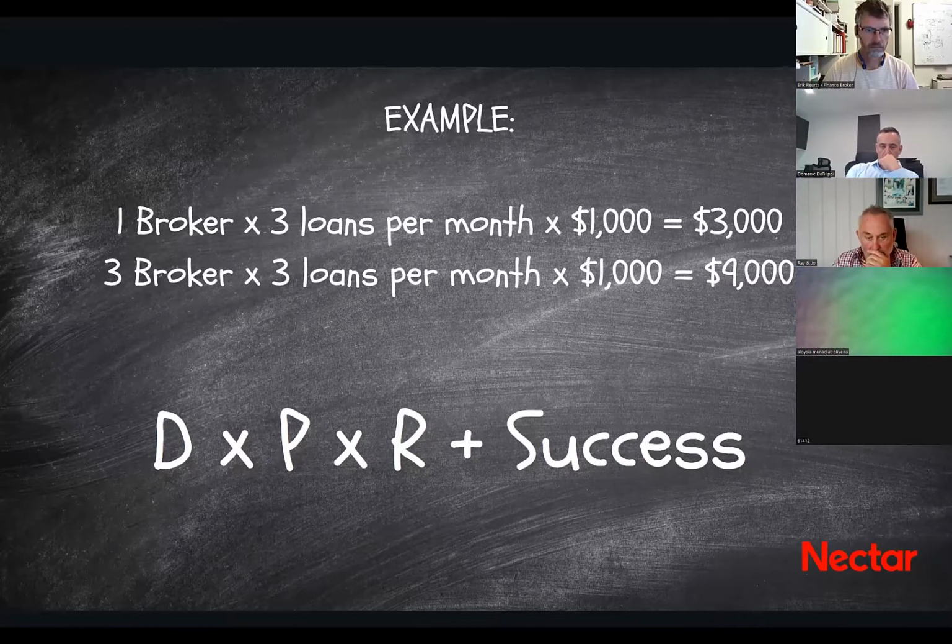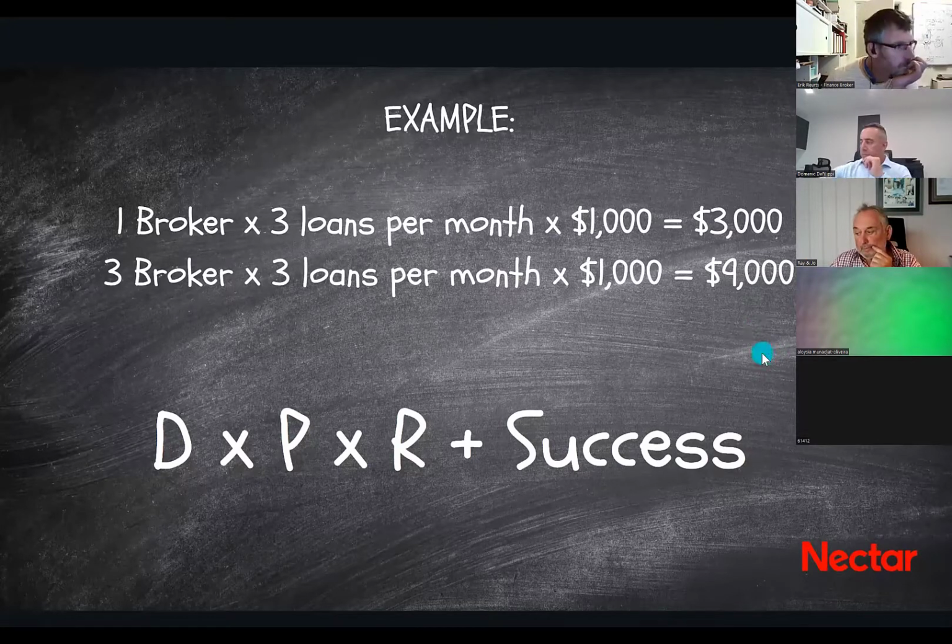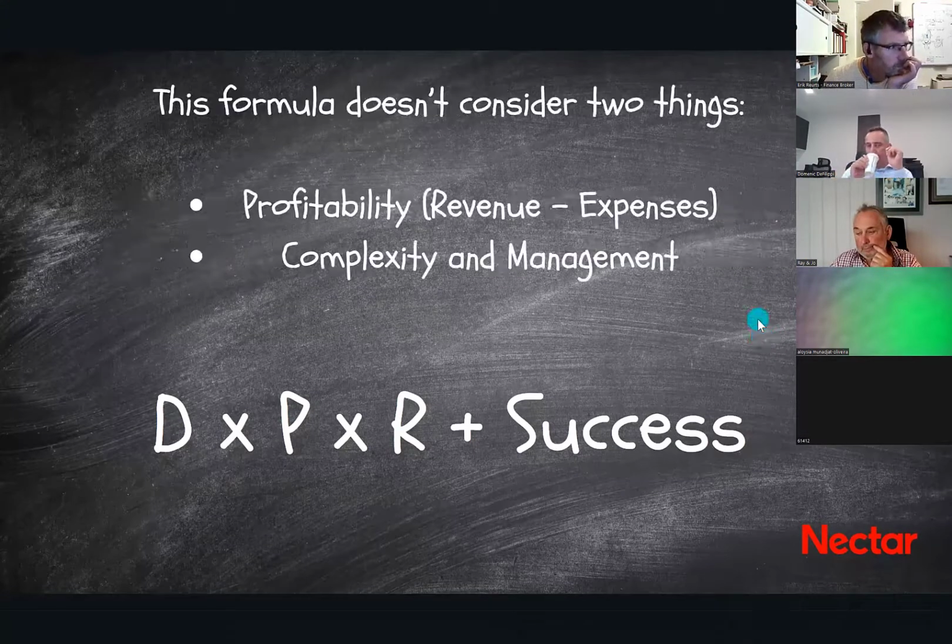Second to that, productivity, the number of deals per broker, has the next level of impact. And finally, revenue per transaction probably has the least impact on how quickly you can grow your business. However, there's something this formula doesn't take into consideration, which is what we want to focus on today.